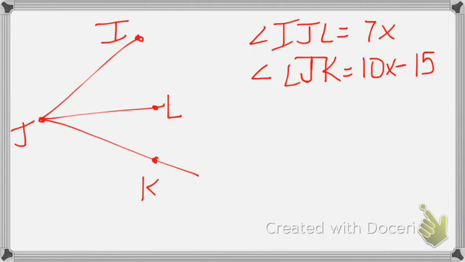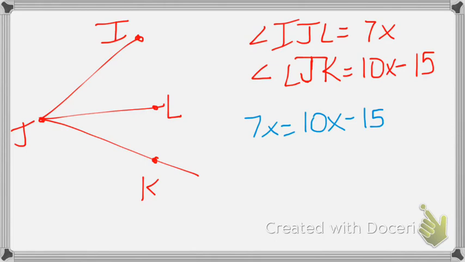So IJL is 7x. That's the top angle, right? Okay, then it says LJK is 10x minus 15. So this part's 10x minus 15. So this is 7x. This is 10x minus 15. They would equal each other as long as that thing's a bisector, and it is. Okay? So we're going to have 7x equals 10x minus 15. And then we solve it.